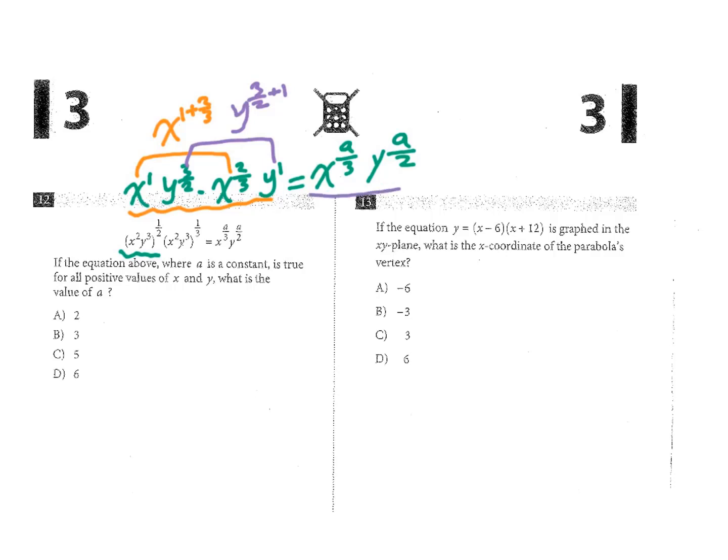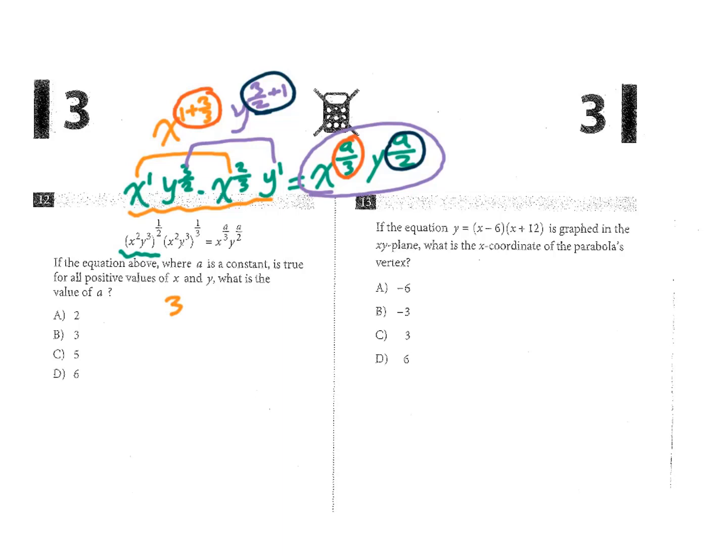Then it equals this part. In other words, we just focus on either the exponents for x being equal to each other, or the exponents of y being equal to each other. It's really up to you. We just use one of them, that's all.